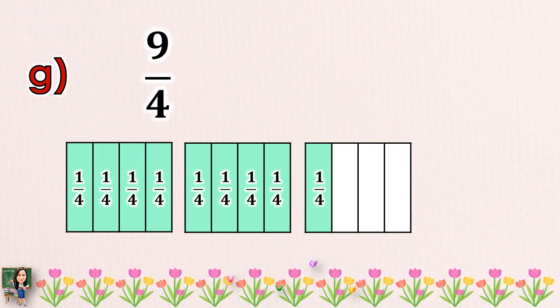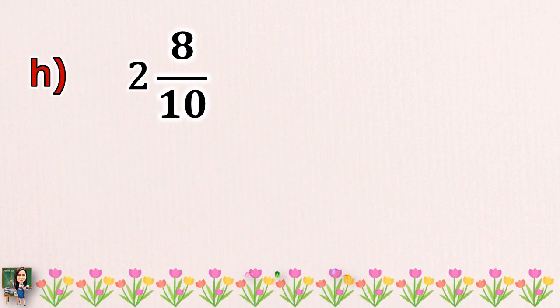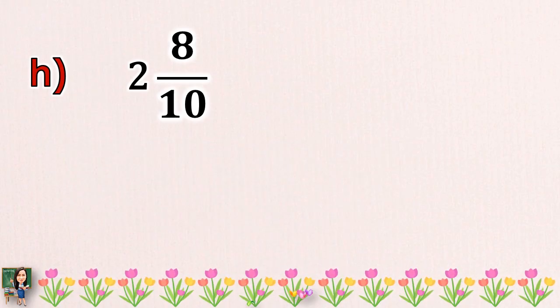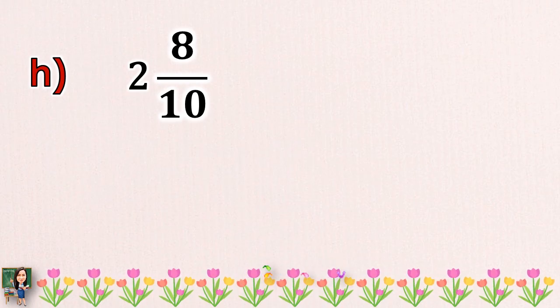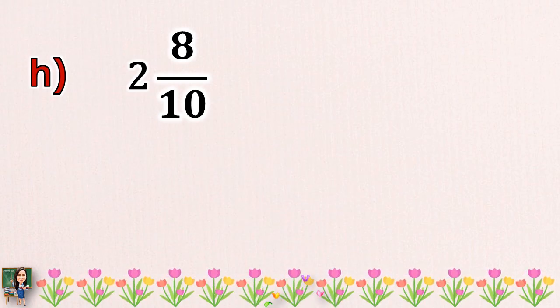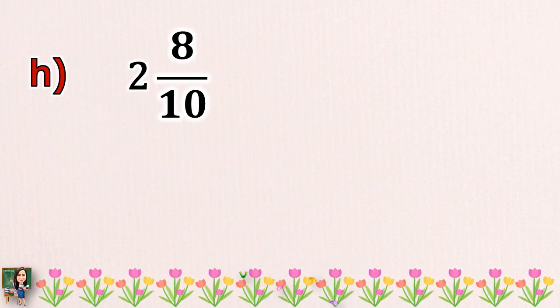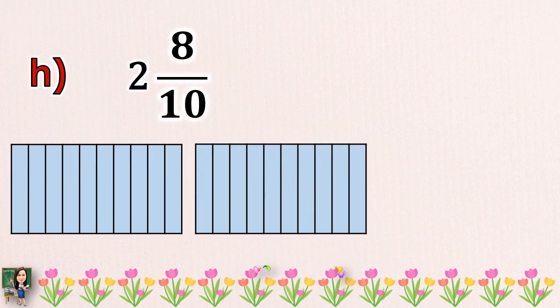9/4. Letter H. 2 and 8/10. This is a mixed fraction. For this mixed fraction, we have to draw 3 rectangles with 10 equal parts. The 10 equal parts is the denominator. So the first 2 rectangles with 10 equal parts and 10 shaded parts represent the whole number, 2 whole.